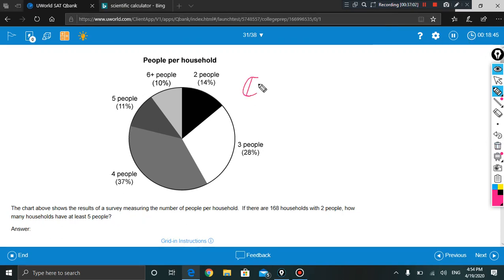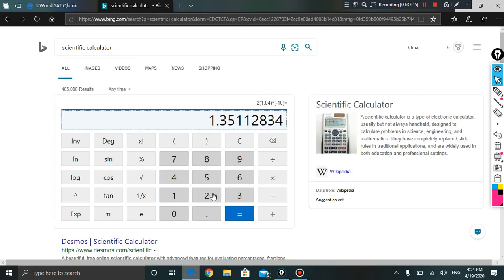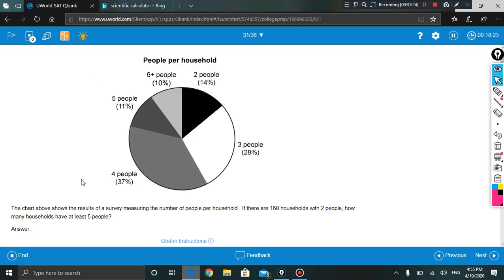So 14%, which is 0.14 of x, which is the total, is 168. Find x. 168 divided by 0.14. Let me do that here in front of you guys. 168 divided by 0.14. 1,200. So the total is 1,200. And he's telling you what?